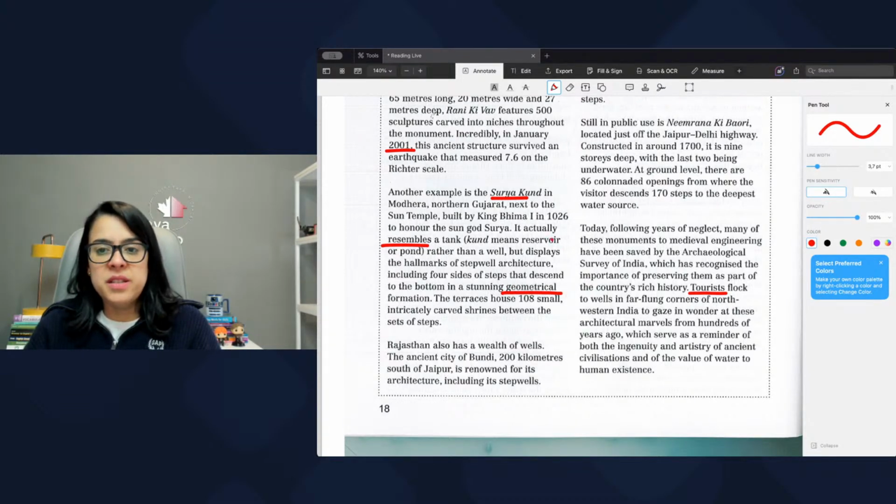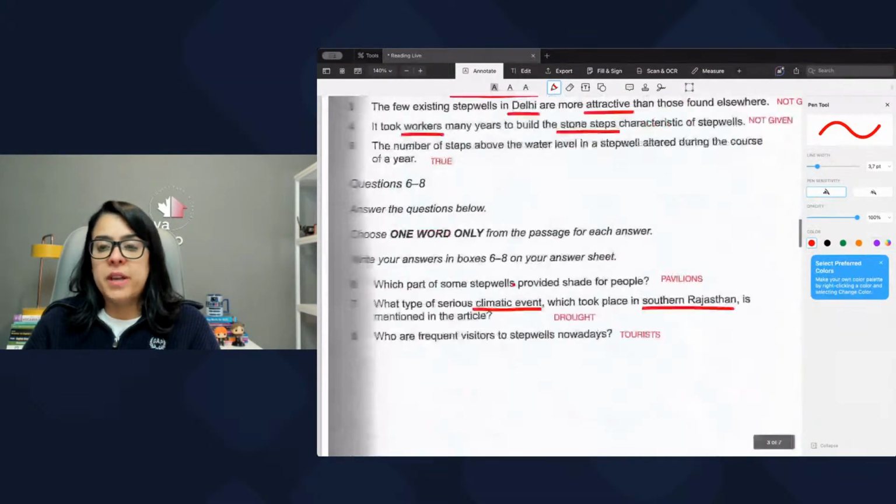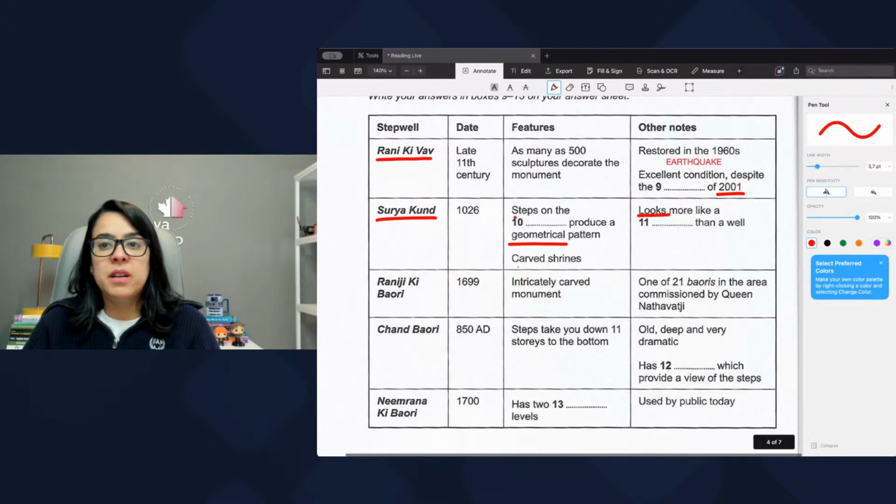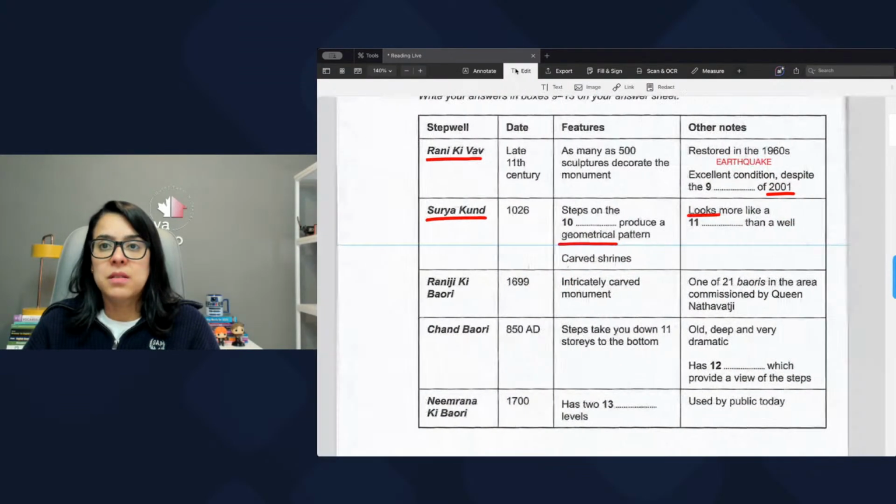You see, it is here. So it actually resembles a tank rather than a well. I found one answer here, but display the hallmarks of step well architecture, including 4 sides of steps. Okay, so let's answer. Steps on the sides, right?